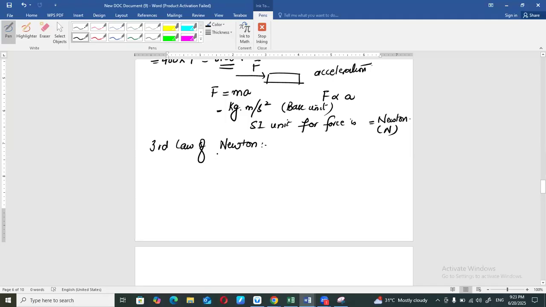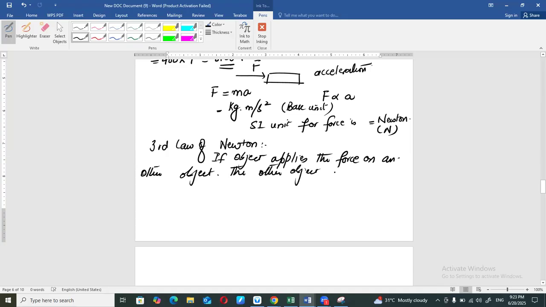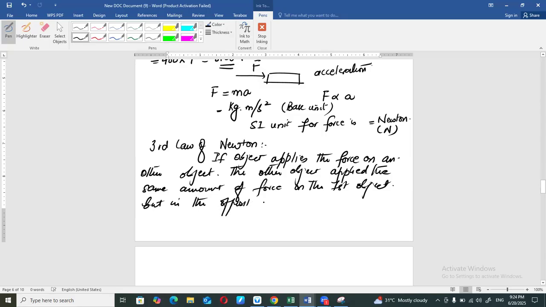He said if one object applies a force on another object, the other object applies the same amount of force on the first object, but in the opposite direction.